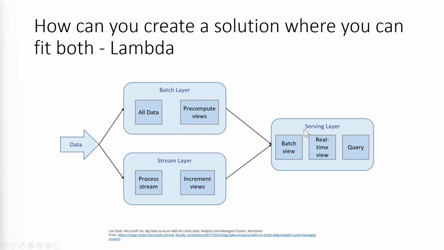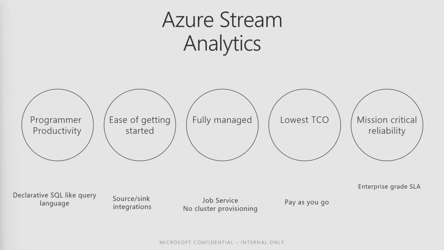Finally, it can be presented at the serving layer in an independent way or a combined fashion. I would recommend you look at Streaming Analytics if you are looking for a service that supports the streaming layer of your Lambda solution.